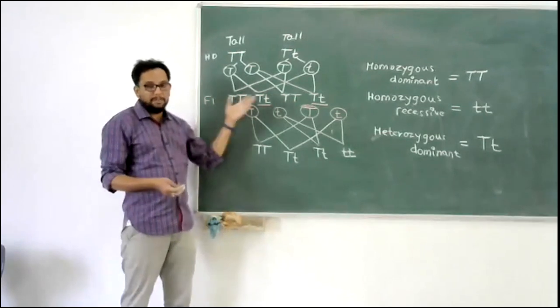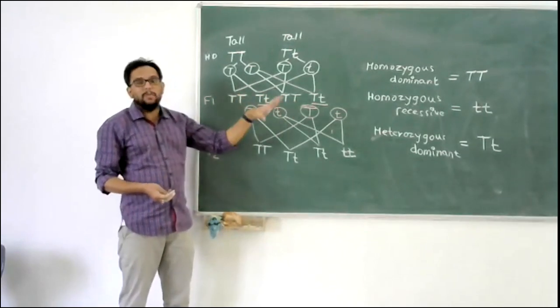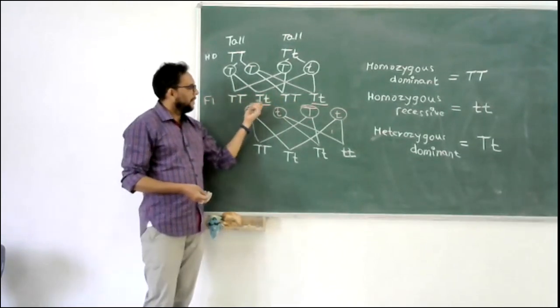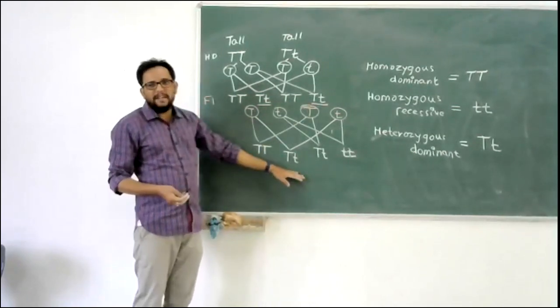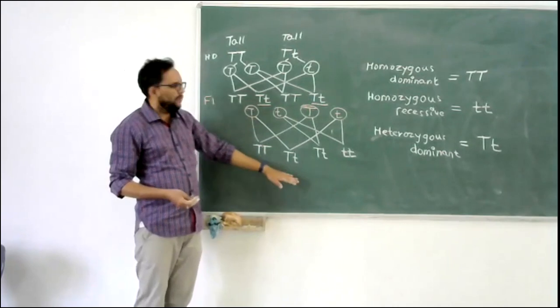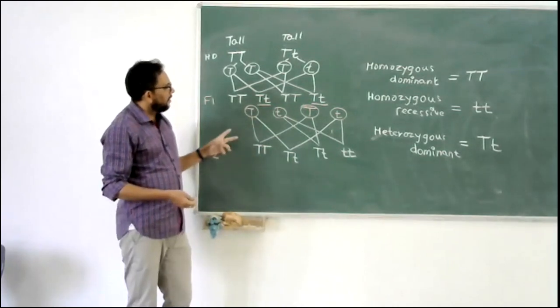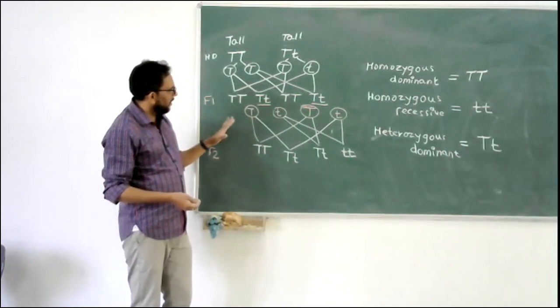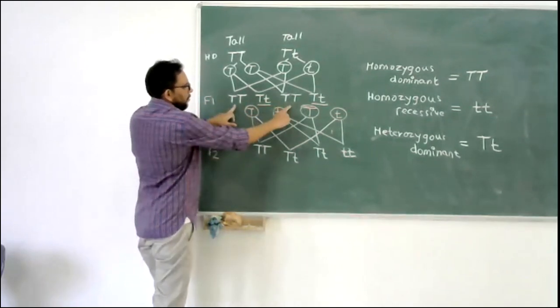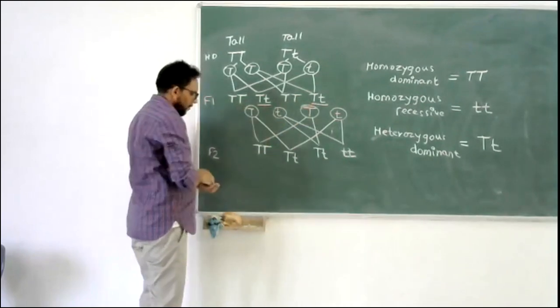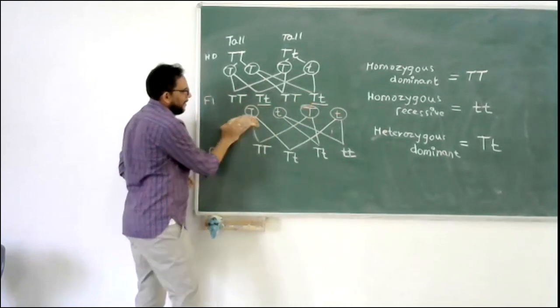So that is the pure breed, which will always be homozygous dominant. If these are the heterozygous dominant ones, this is the kind of phenotypes or genotypes we get. I don't know if there is another possible combination. Either it's between these two, or these two, or this.